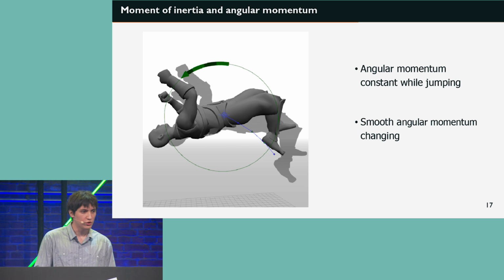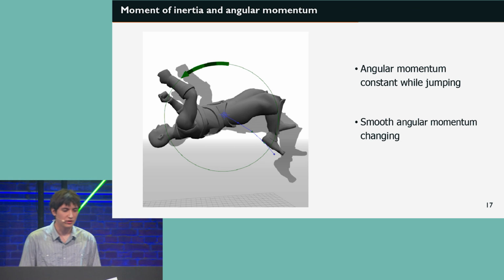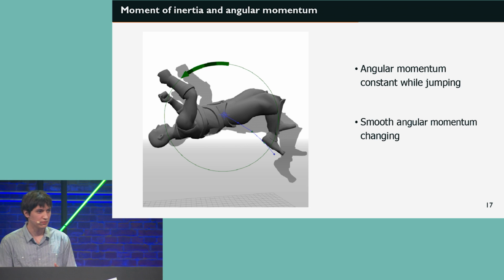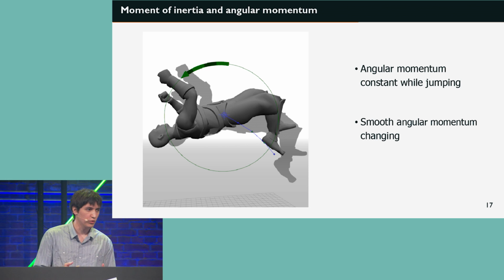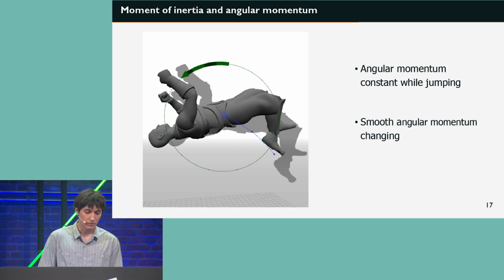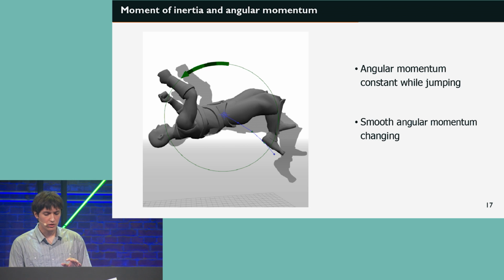They make the moment of inertia smaller, and because the angular momentum is conserved, they rotate really fast. And that's what is done in front and back flips, and we have them in our game, and we have a lot of other jumps. So we keep track of these values too.